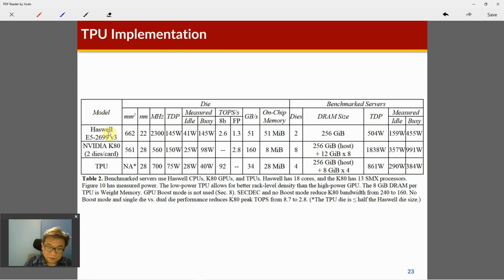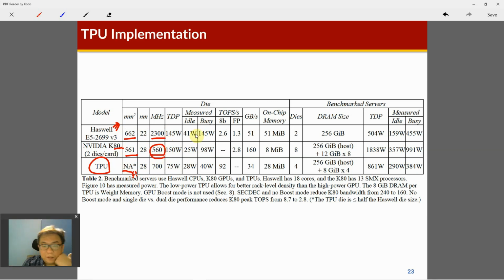If you look at this performance and power consumption table, Haswell is the Intel multi-core Xeon processor, NVIDIA K80 is the NVIDIA GPU, and then there is the TPU. Then there is the size of the chip, and you can find the clock frequency of the Intel CPU, GPU, and TPU. The GPU clock frequency is the lowest, and the Intel clock frequency is the highest.